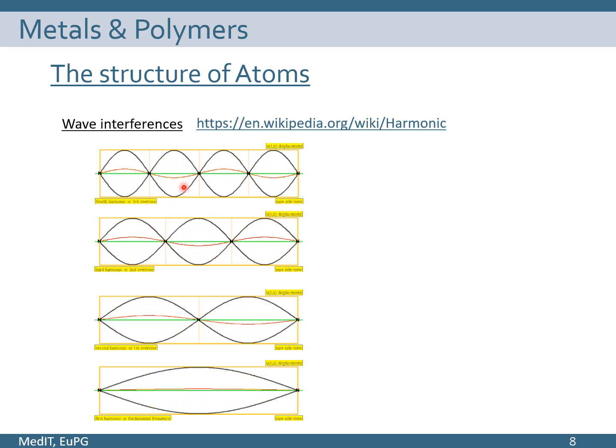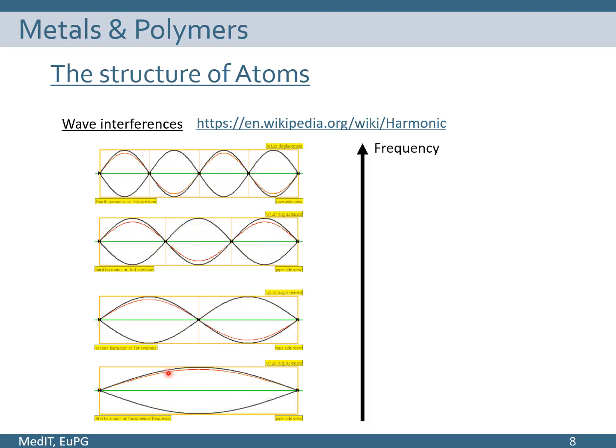Well, now something very important. If you go up, the frequency increases. But it also means that the energy increases. And at the end, what are you looking at? You are looking at a resonance cavity which allows only discrete values of frequency.